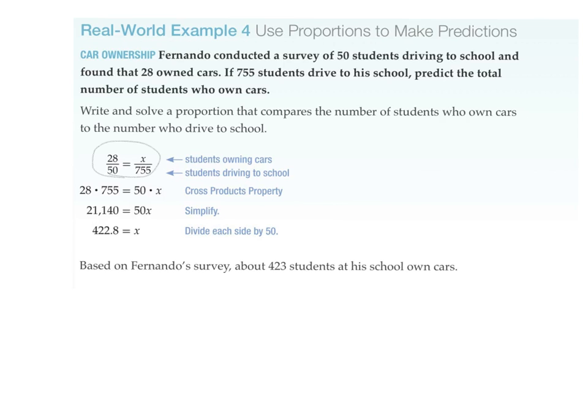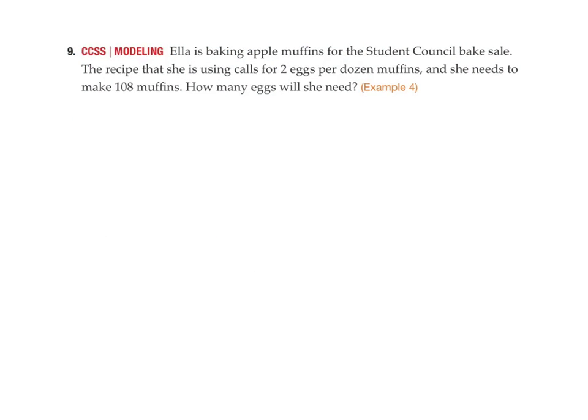Do your number crunching, use your calculator. 21,140 equals 50x. Divide through by 50, 422.8. Well, obviously you can't have 422.8 people, you can't have 0.8 of a person, so you always go to the next whole number.